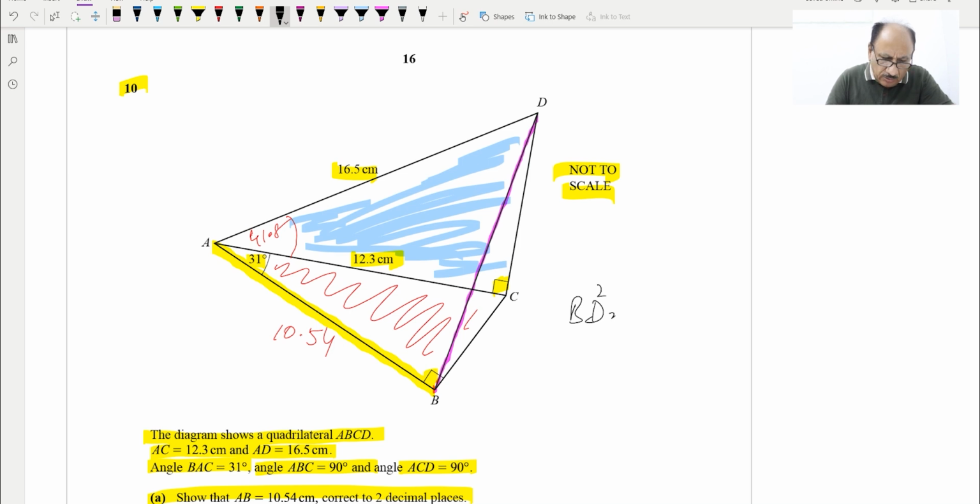BD square is equal to 10.54 square plus other side square, which is 16.5 square, minus 2 into 10.54 into 16.5, cos of the included angle. I am applying the cosine rule. Hopefully you are understanding. If not, then you need to revise the cosine rule. The angle is 41.8 plus 31, which will be 72.8.